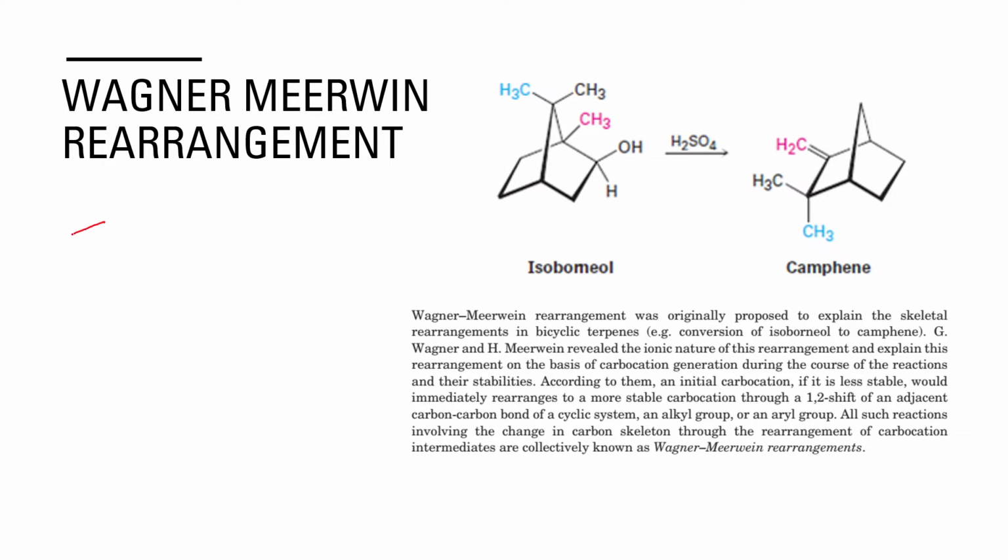So let's first draw isoborneol. So isoborneol is drawn like this, and you have two methyl groups over here, and you have a methyl group over here as well. अब यहाँ पे एक OH group है, एक hydrogen है. So this reacts with H plus, which comes from H2SO4.